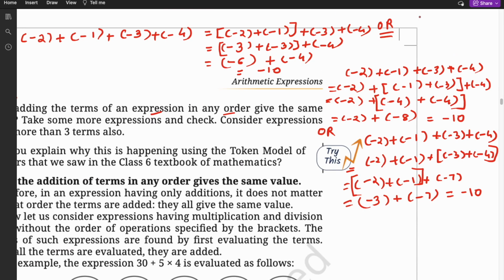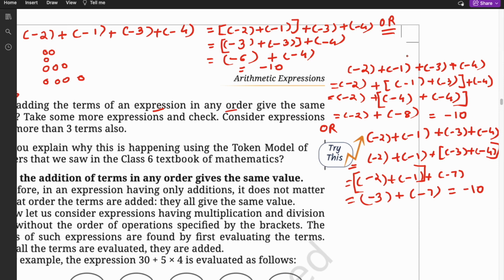So here using the same example that we just solved, in the above example first we added -2 and -1, then the answer came -3, we added -3, then the answer came -6, and added -4 to -6, the answer is -10. Suppose in another way, we first added -1 and -3, so the answer comes -4. We added -4 to -4, then it came -8, then we also added -2 to it, so the answer comes -10. In the third expression, first we added the last terms -3 and -4, the answer comes -7. Then we added the first two terms, -2 and -1, the answer came -3, then -3 and -7 added, that comes -10.